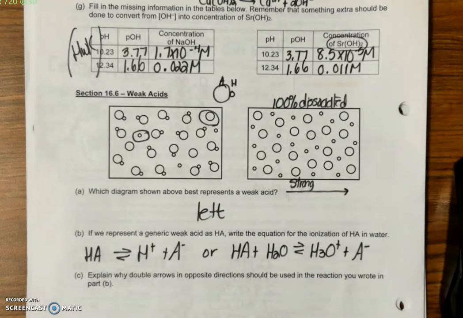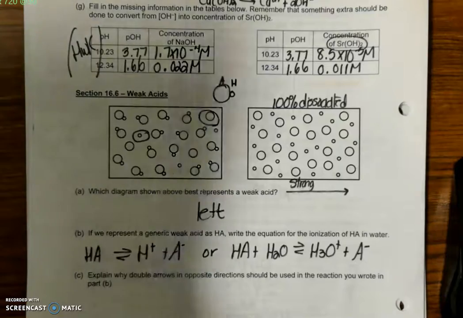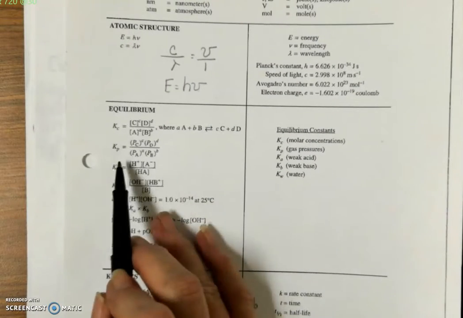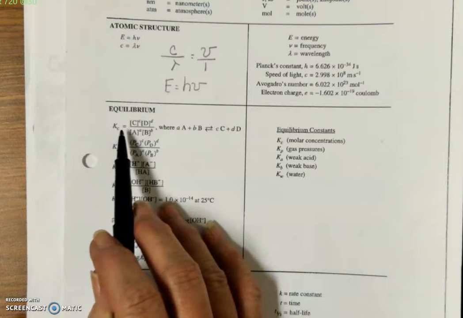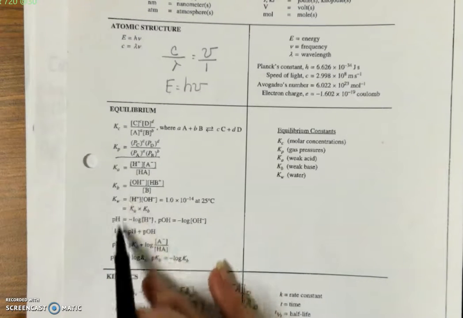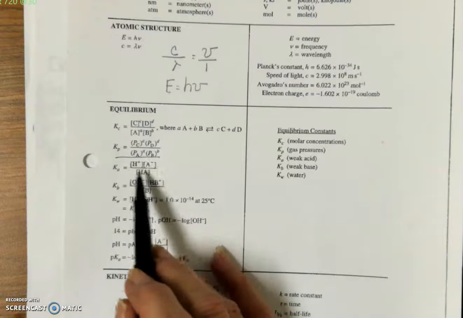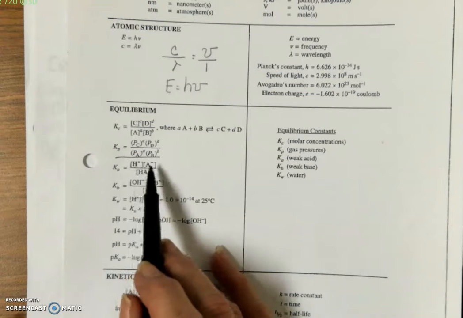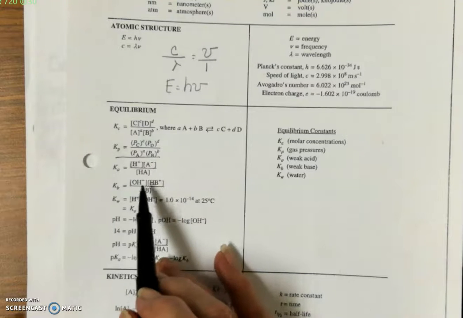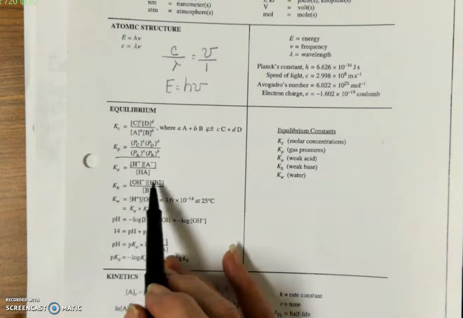Now, if you look at your equation charts, let's look at those now. Everything that we're going to be doing in this unit, there's Kc, there's Kp, everything is going to be from here down. And notice that they did not include water in the expression, so hydronium ion is not in the expression. Now, when you do bases, you'll see that water will be in the balanced chemical equation.